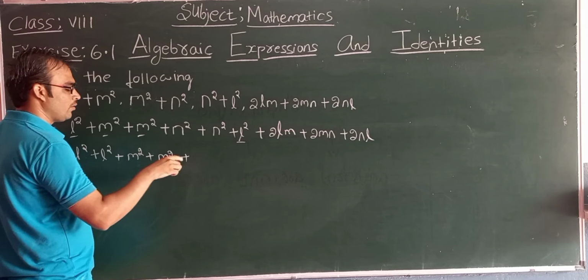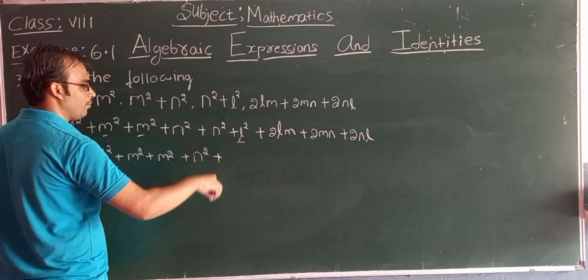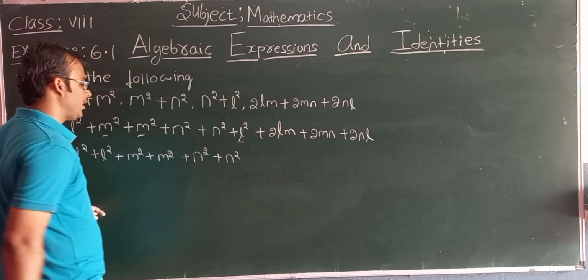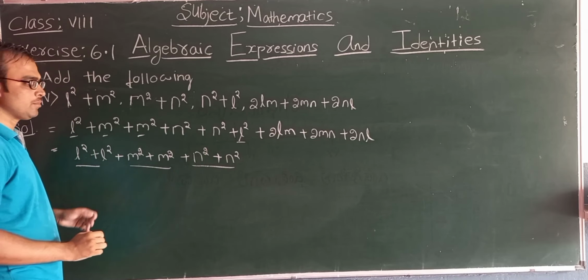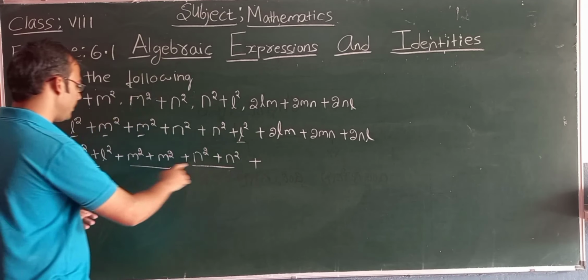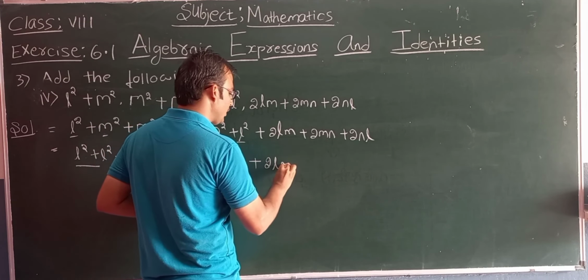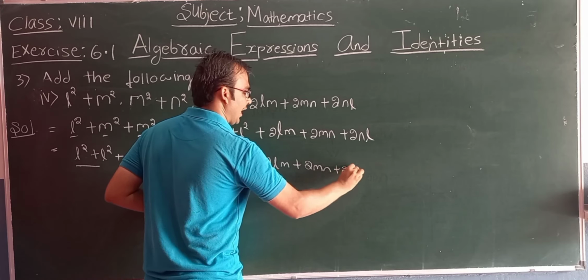Okay. Now write N square. Here N square plus, and one more N square is here. So these are the like terms. Why? Because the variables are the same. Now write this one as it is: 2lm plus 2mn plus 2nl.